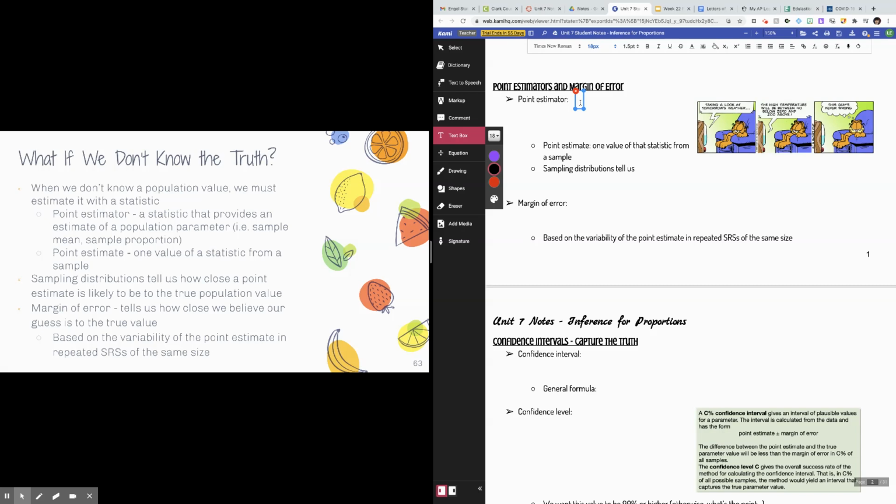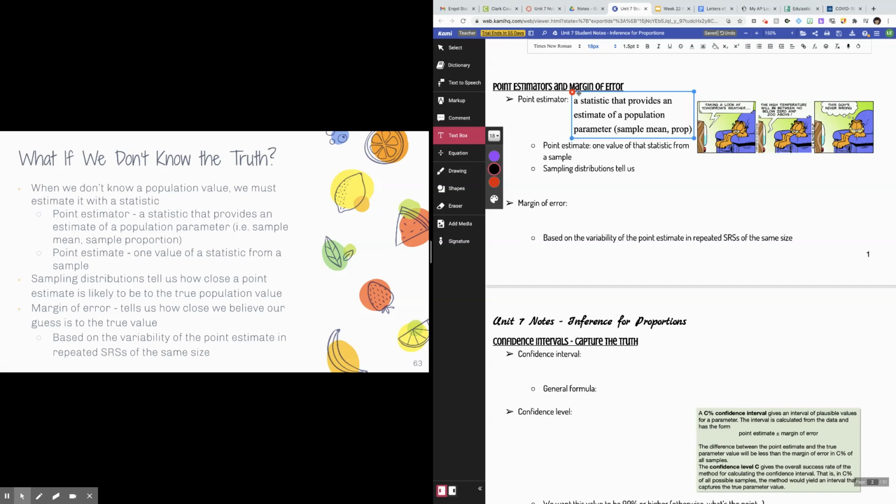Your definition of a point estimator is a statistic that provides an estimate of a population parameter. So that's like a sample mean or proportion. Those are your sample values that we looked at a lot in the last unit.